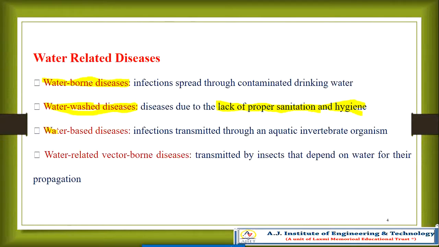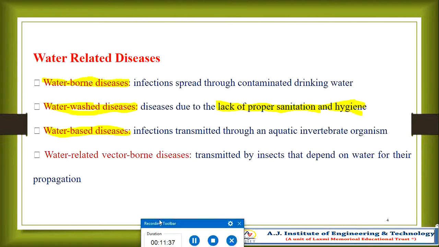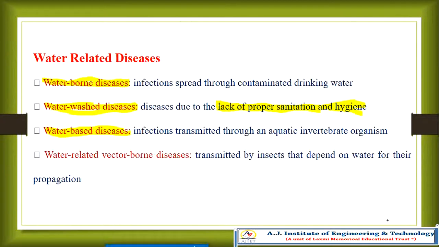Now one more disease type is water-based diseases. Water-based diseases mean infections transmitted through aquatic invertebrate organisms. What is an invertebrate organism?